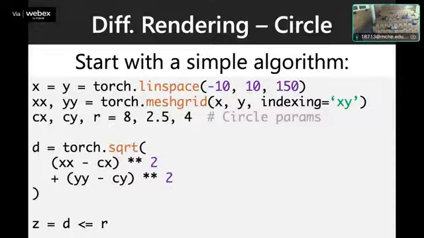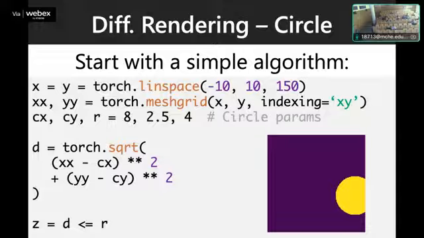What I'm doing here is just a vector calculation of the distance between each point in my frame and the center of the circle. Then I compare that distance to the radius and put the result in a variable z, which will give me something like this. If you run this code, this is what you'll get.